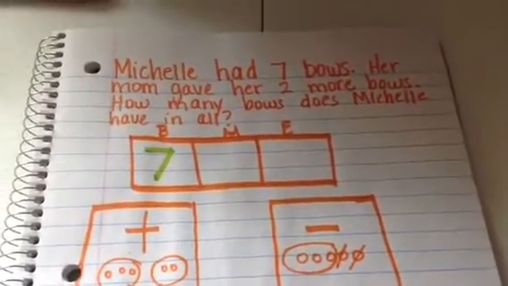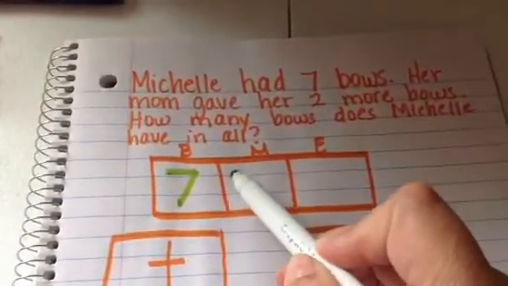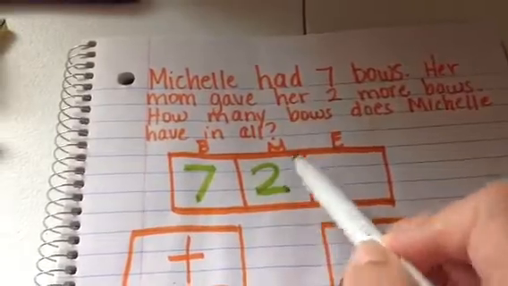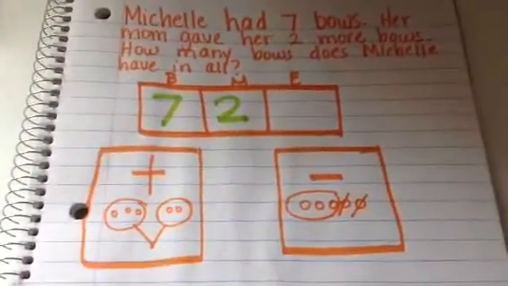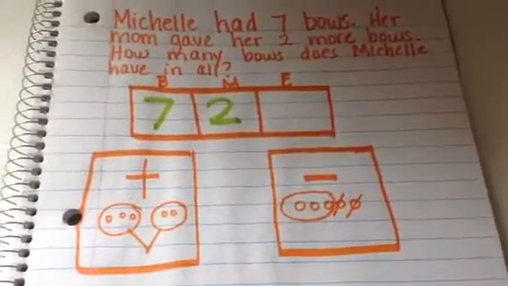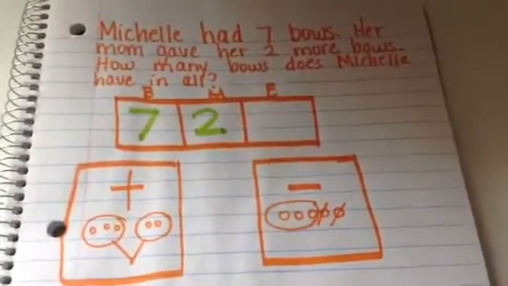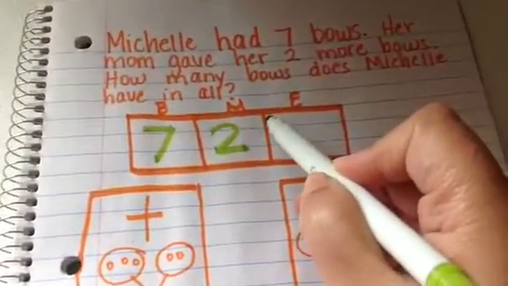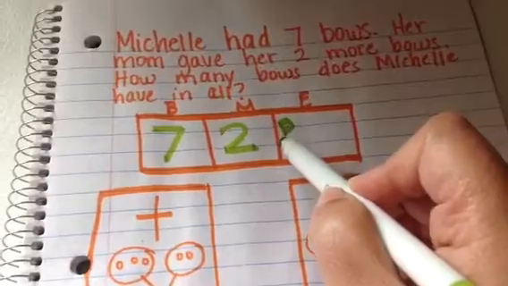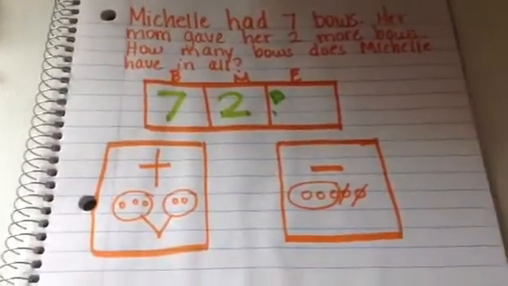Her mom gave her 2 more bows. Okay, so we're going to put our 2 in the middle. Now, we don't know our end yet, do we? No, we don't. We don't know our end yet, okay? So we're going to put a small question mark because we're going to end up putting our answer in that box too. So there's our question mark because we don't know the ending yet.